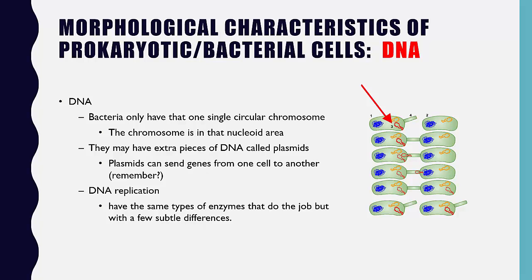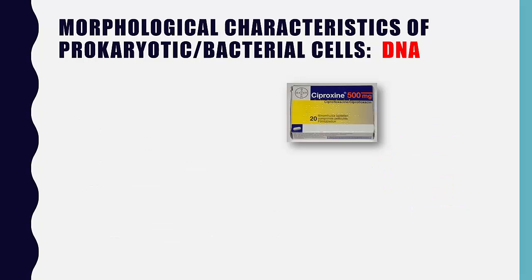They do kind of the same job, but they do have some subtle differences. And that is actually exploited. And some of these enzymes that work in bacterial DNA replication can be targets for antibiotics. So, yay, different bacterial enzymes are targets for antibiotics.